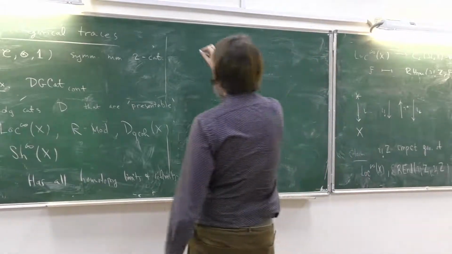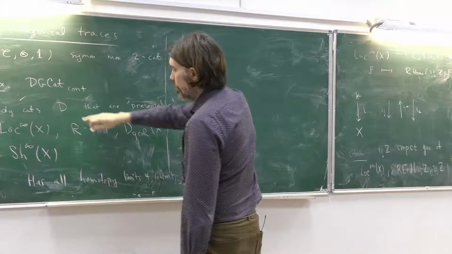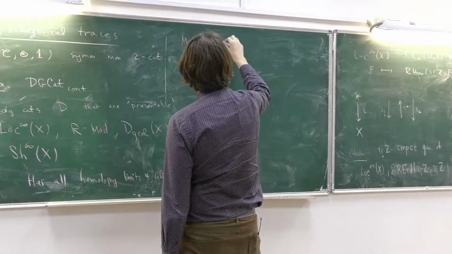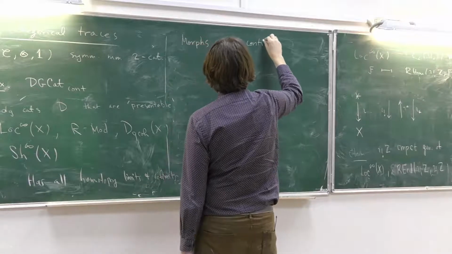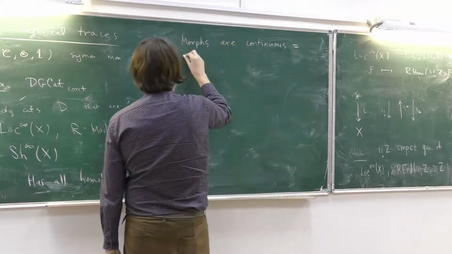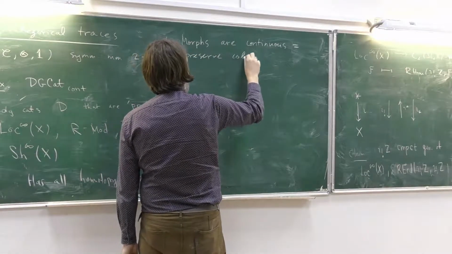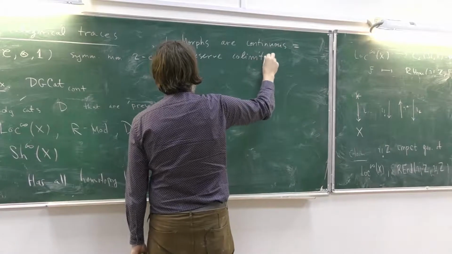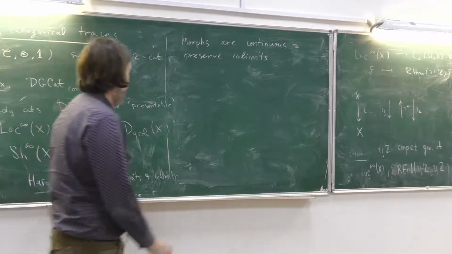And then the morphisms are required to be continuous, that is what cont means. The morphisms are continuous, meaning they preserve colimits. And so they have right adjoints, but the right adjoints kind of leave this category. The right adjoint itself is not necessarily continuous.